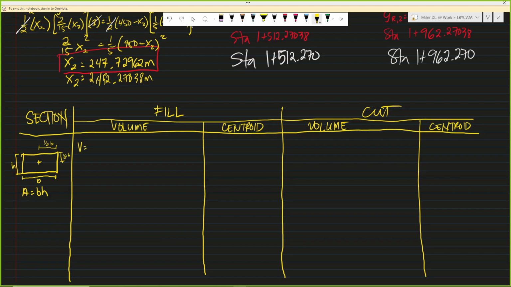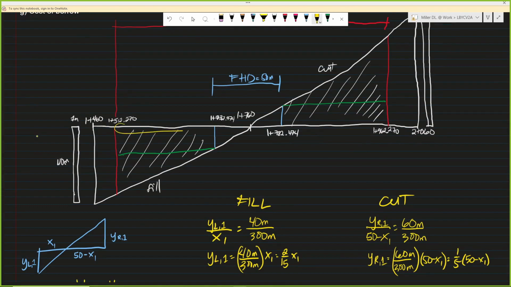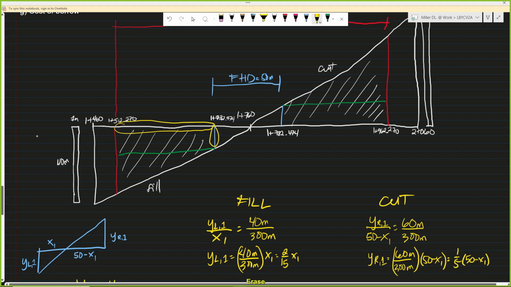So, volume nito would be base times the altitude. Ang base natin, okay? So, ito ang base. Tapos, ito ang altitude. Okay?